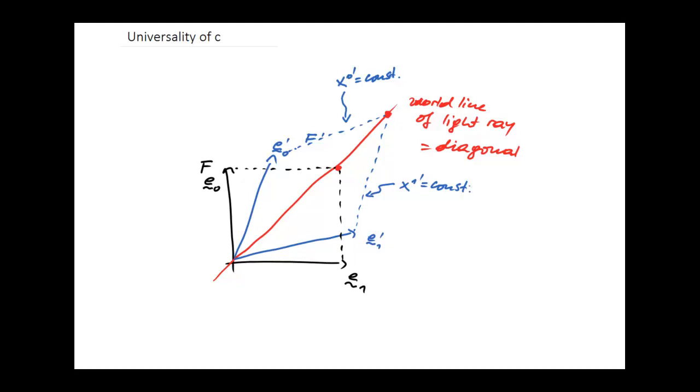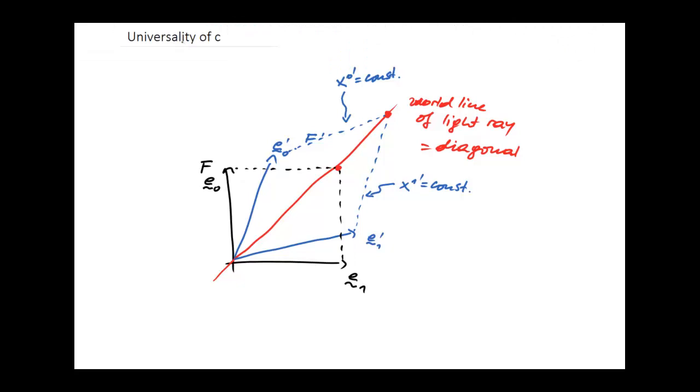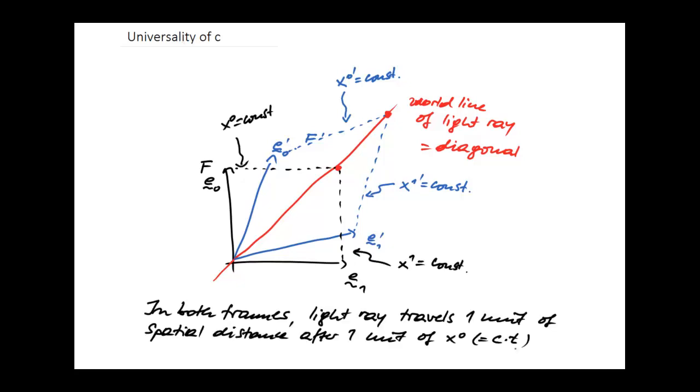I also measure that the light ray travels 1 unit of spatial distance after 1 unit of time. So in both frames we measure the same velocity of the light ray.